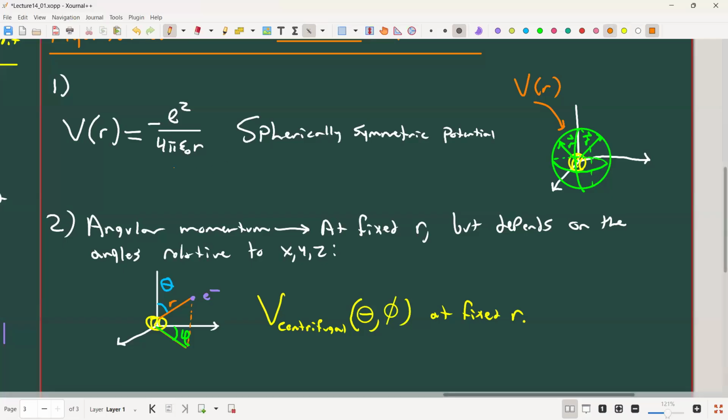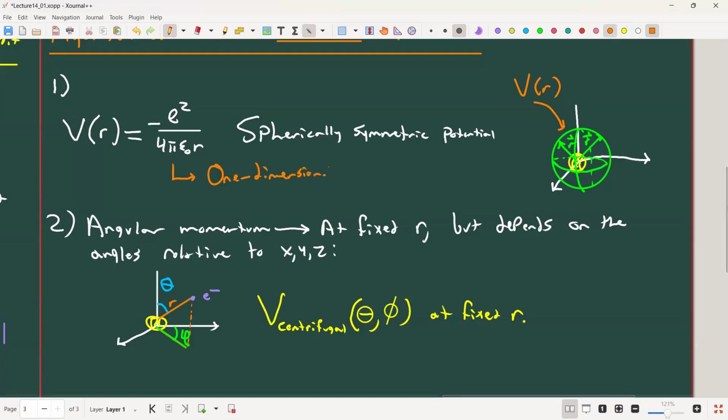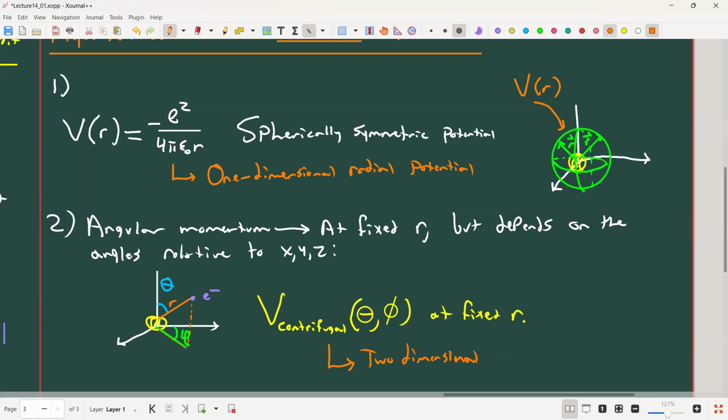So this top problem we consider is what's called a one-dimensional radial potential. It only depends on the length. And this is what we call a two-dimensional angular potential. They deal with two very different behaviors.